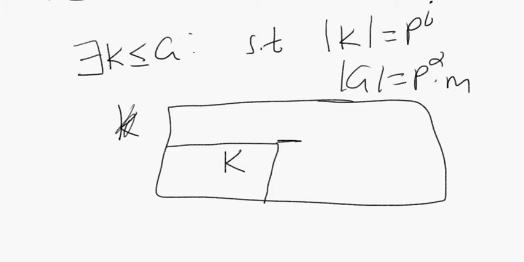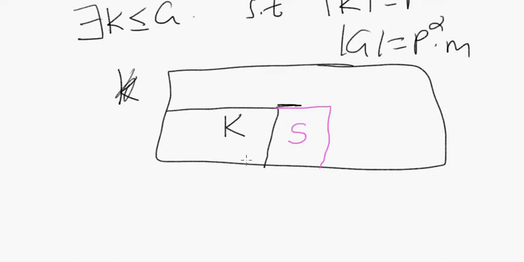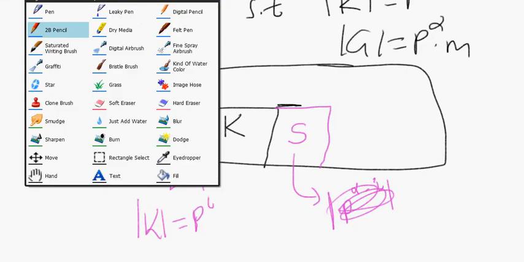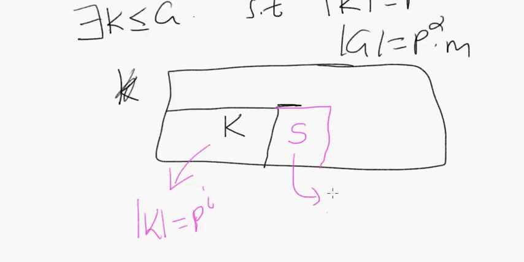Here's the key idea: we extend K by some set, let's say S, so that the order of K equals p to the i, and we add p to the alpha minus i elements to the set S. So the order of S is taken to be equal to p to the alpha minus i.